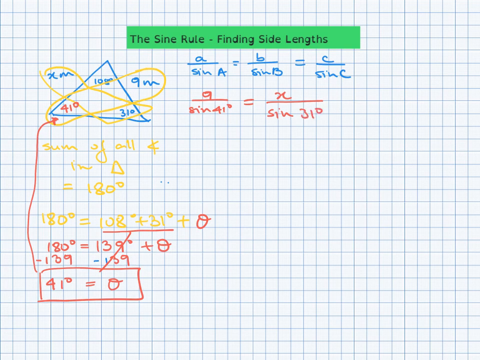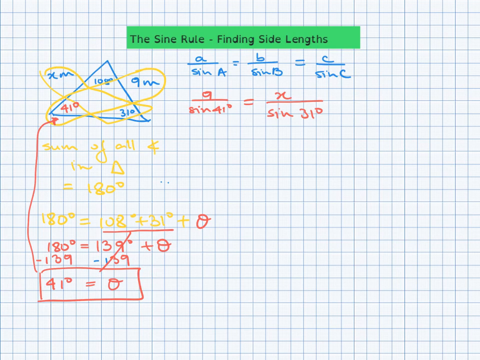Please note how I have both sides in the numerator and both angles in the denominator. You can go another way around, but you need to be consistent. If you have sides in the numerator in the first formula, it has to be the same in the second as well. So let's do a little bit of calculation now.